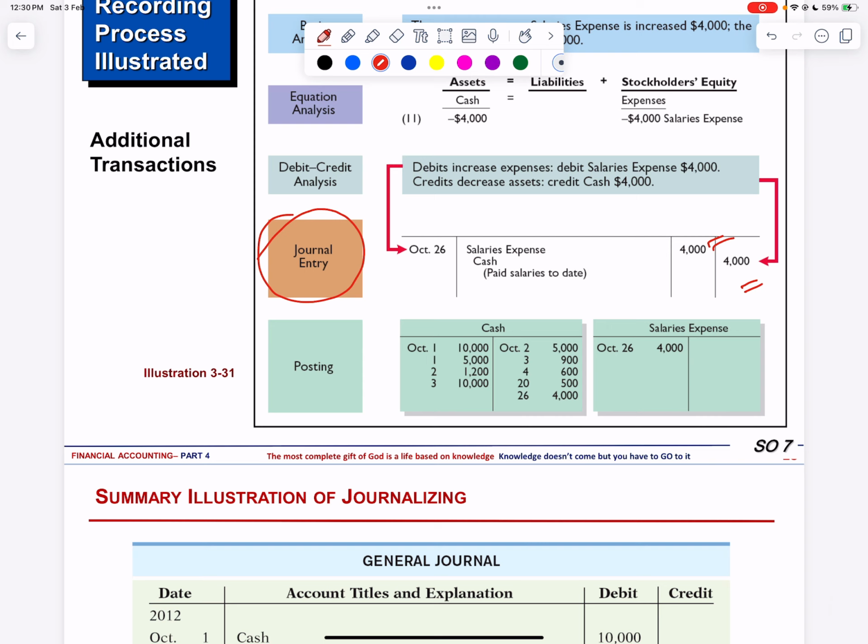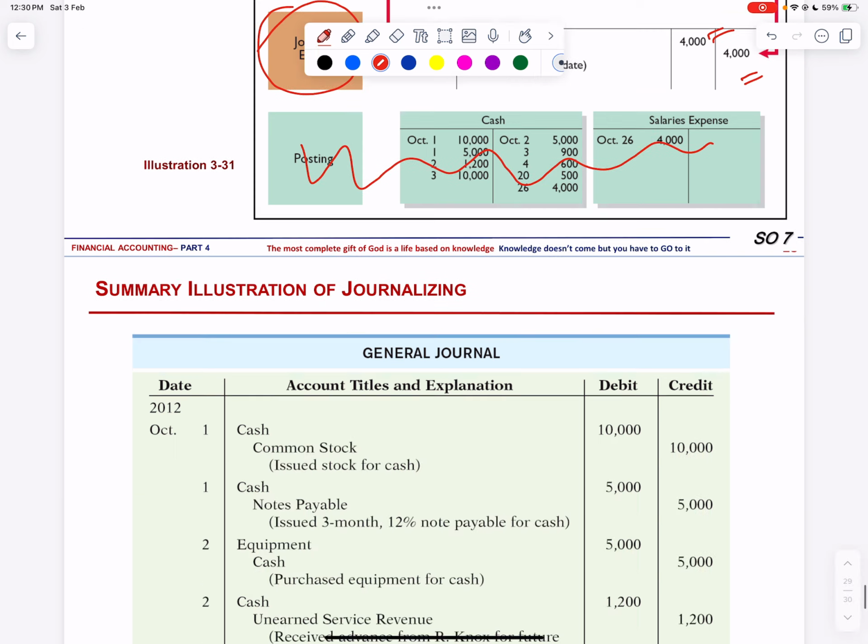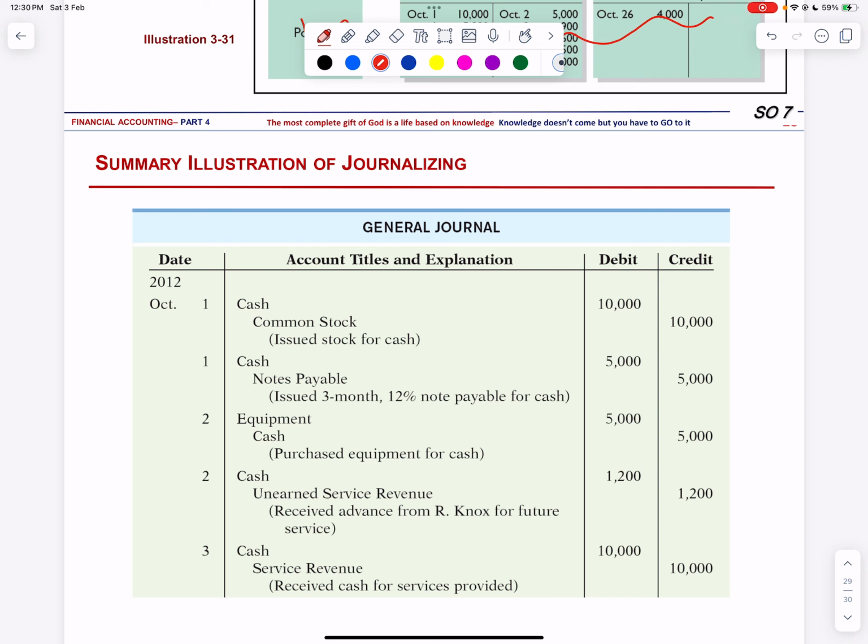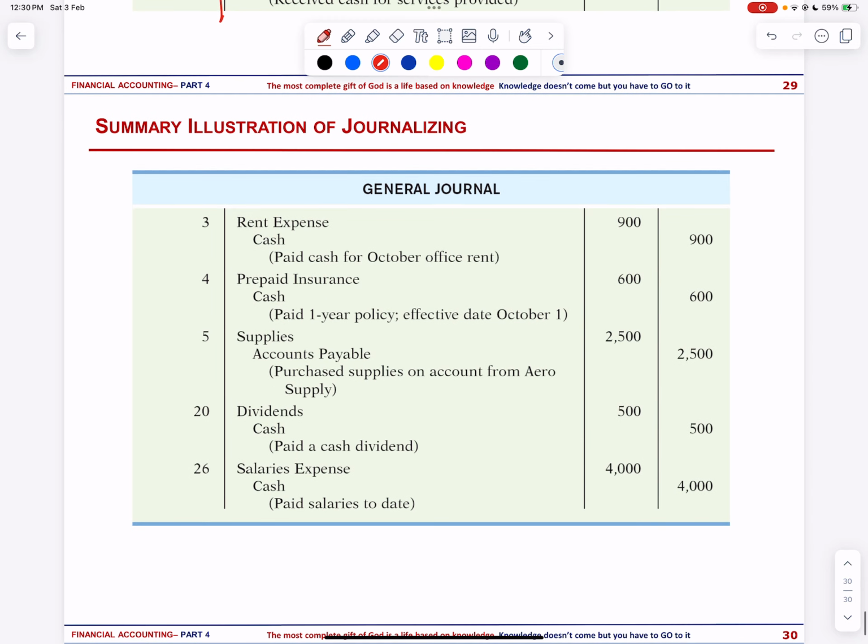We will talk about posting in the next video, but this is how journalizing is going to look like. On the left hand side we have the dates of the transaction. You can see that they are in chronological order. We record the debit first. This is a rule. We record debit, we have to leave some space for the credit, and the debit must be equal to credit. If they are not equal, then there is a mistake.